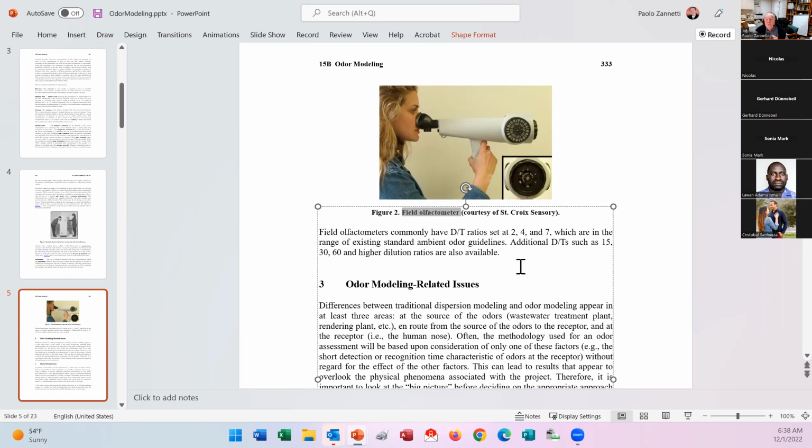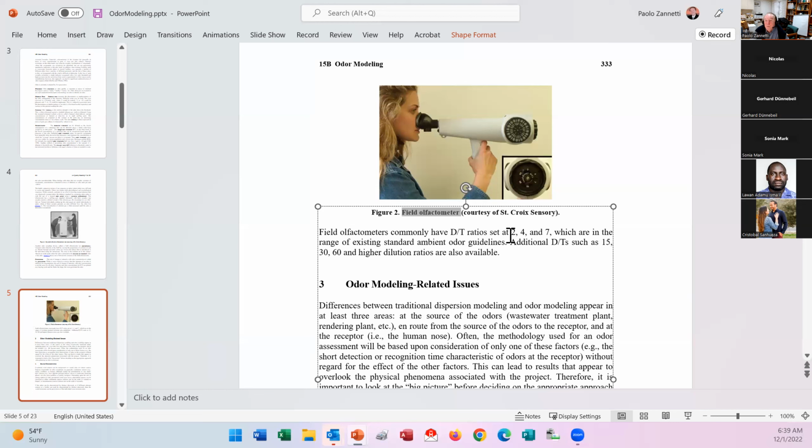At that point, the number of dilutions is proportional to the intensity of the odor. Is it clear? You start with odor in a certain region. You grab a sample of polluted air, but this instrument allows you to dilute the polluted air with fresh, clean air.